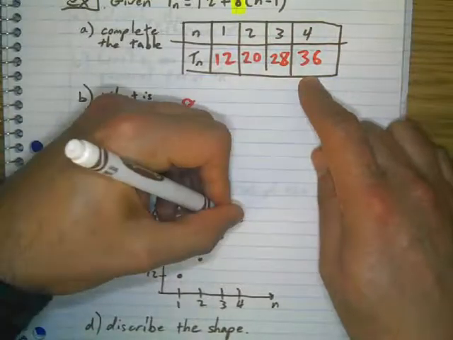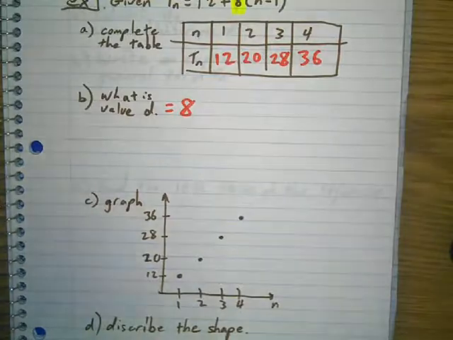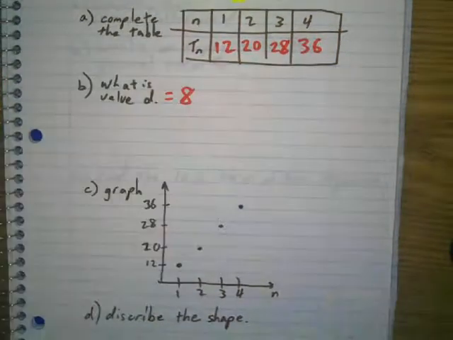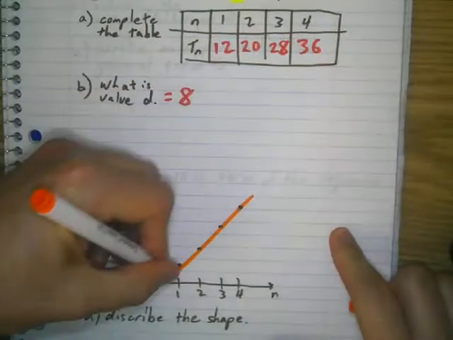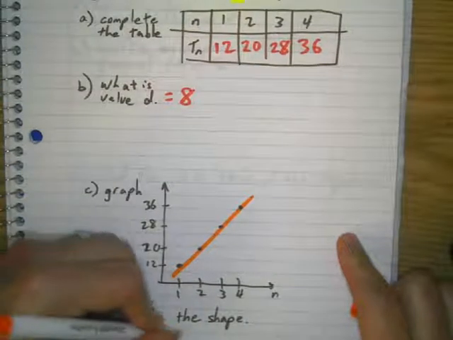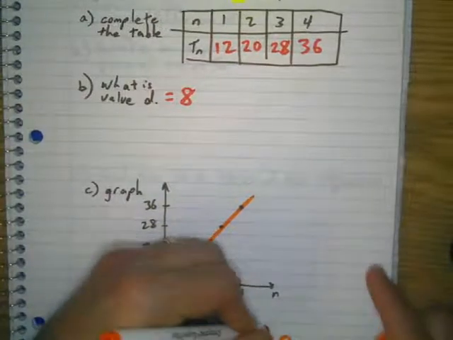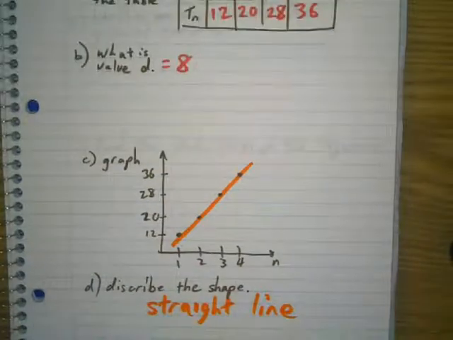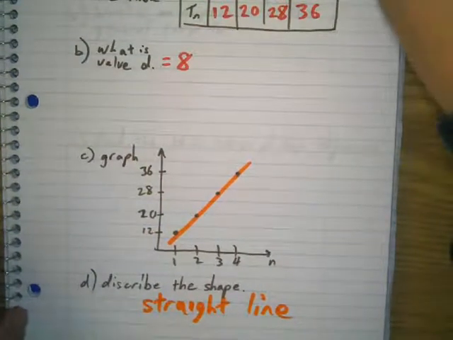So you'll be able to more carefully graph on the math space, but you're going to notice that if we describe this shape, it makes a straight line. Okay, and when we do our examples for when we go beyond arithmetic, the shape will not be a straight line, it'll be something different. We'll talk about that then.